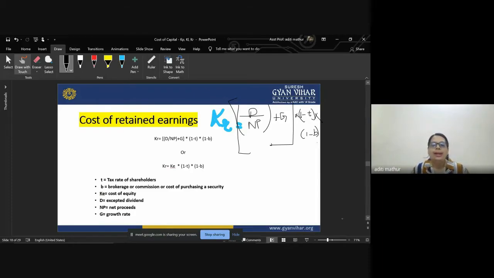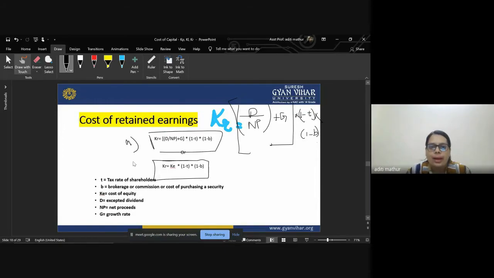Let us quickly have a look at another formula. If in the question the cost of equity is given directly, or you can easily calculate the cost of equity, then simply use that cost of equity and multiply it with 1 minus T and 1 minus B and get your cost of retained earnings. And this is the formula to do that.